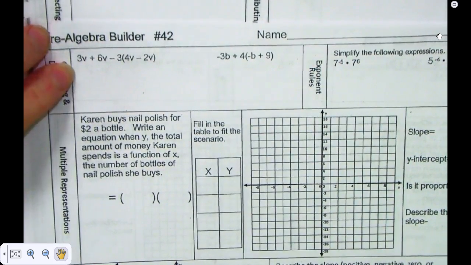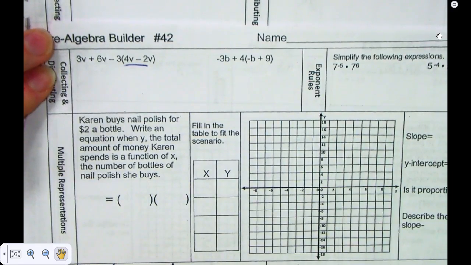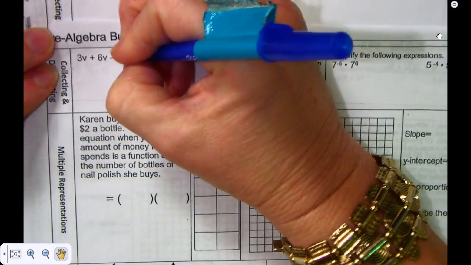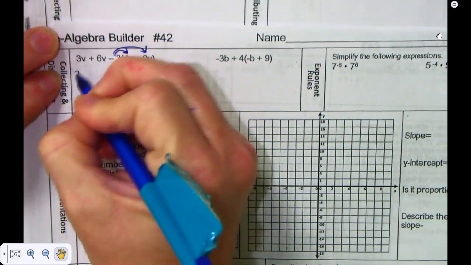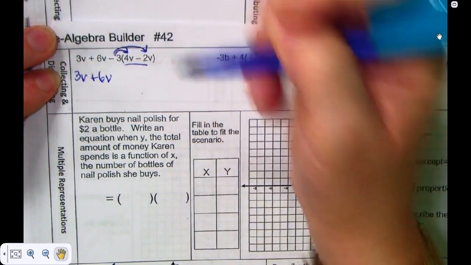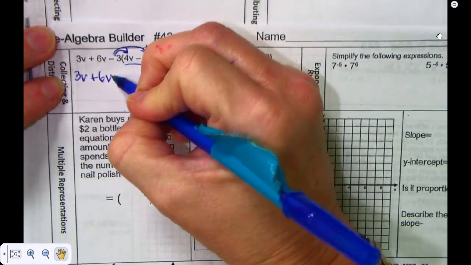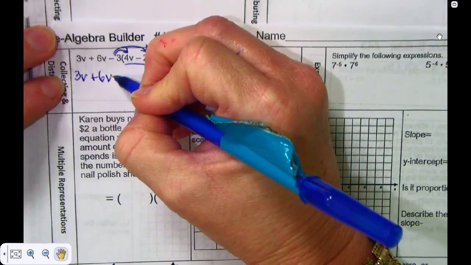You need to do the parentheses first. But you can't because you don't know V. So we got to get rid of the parentheses by doing the distributive property. So we're going to write 3V plus 6V. Now what's negative 3 times 4? Y'all scaring me. 3 times 4.